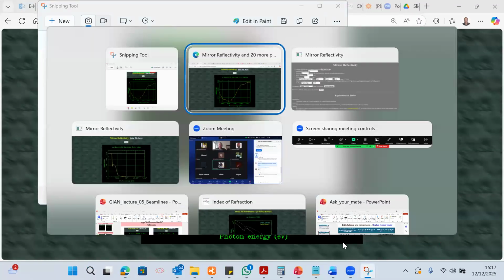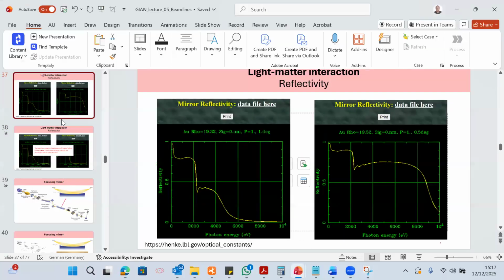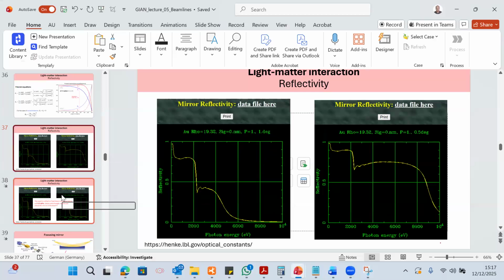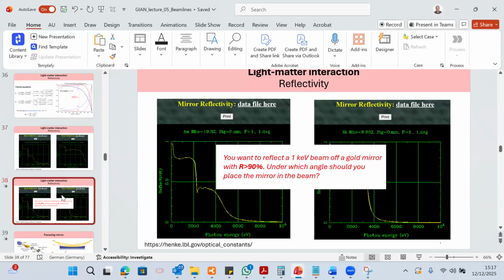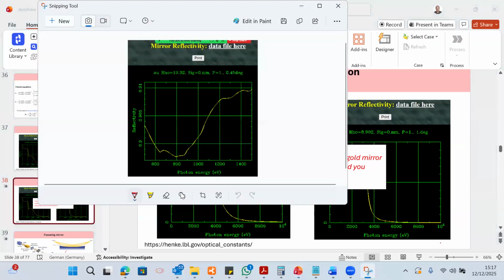Not yet. Roughly which angle works? I got it roughly at 0.4. 0.2 it shows. Okay, 0.2 is very much on the safe side, but 0.2 degrees is challenging for mounting a mirror. But yes, 0.4 is what we got.